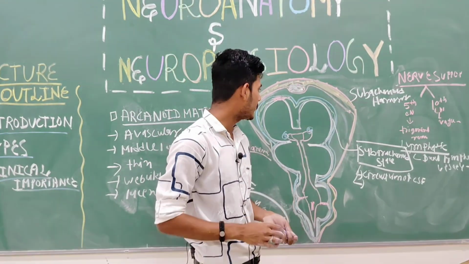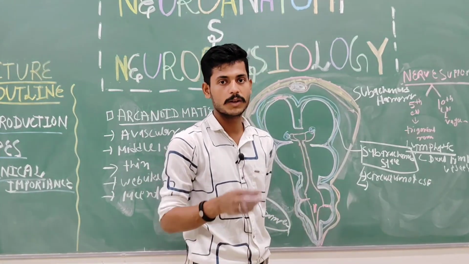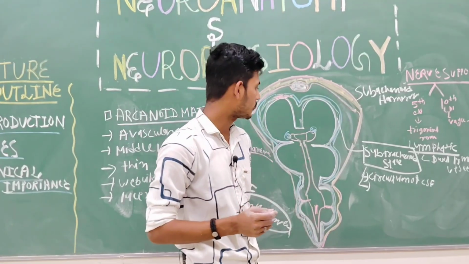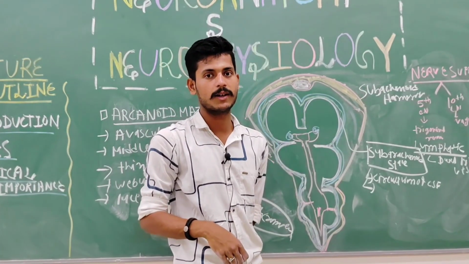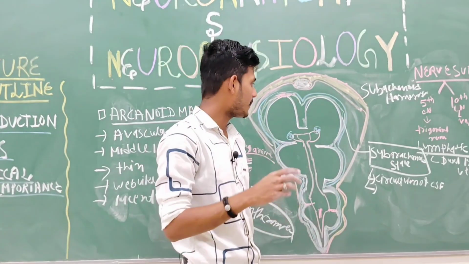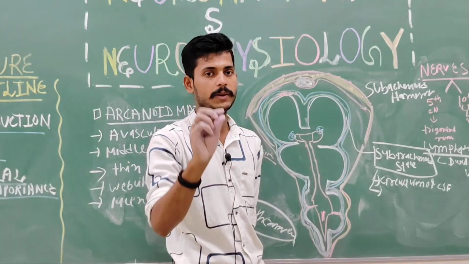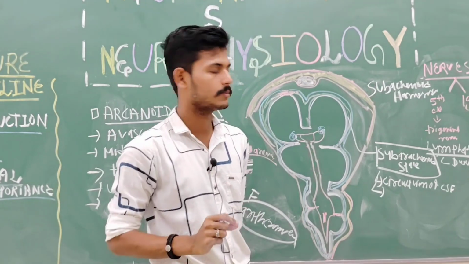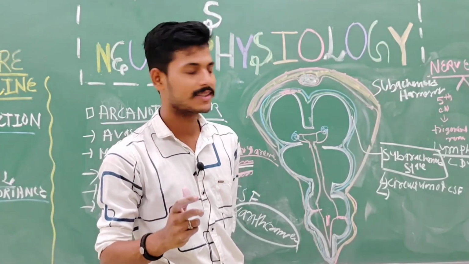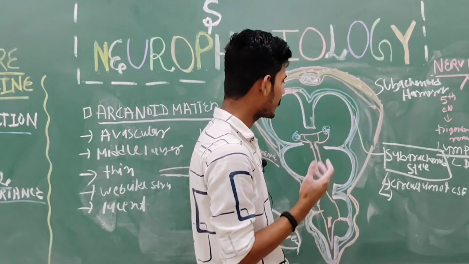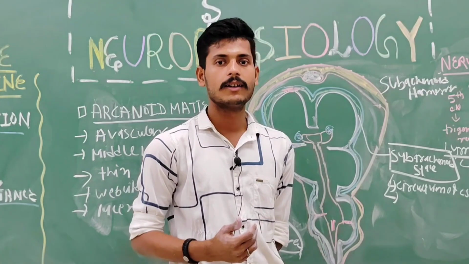The clinical point related is this: there are cerebral arteries which sometimes rupture, resulting in the subarachnoid hemorrhage. And sometimes in the arteries of the circle of Willis there will be aneurysm formation, and this aneurysm is termed the berry aneurysm, and sometimes it spontaneously ruptures and results in the catastrophic condition called the subarachnoid hemorrhage.